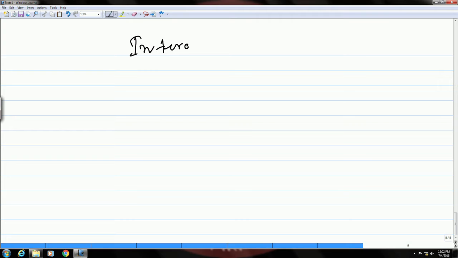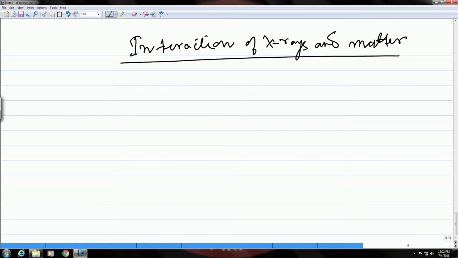So, when you talk about radiography, you have to talk about interaction between X-rays and matter. And we all know that any substance is composed of atoms.